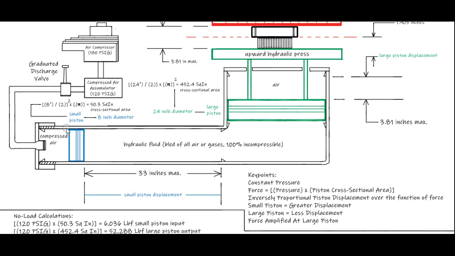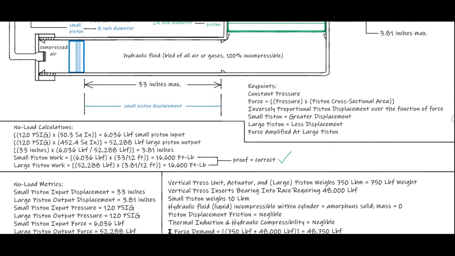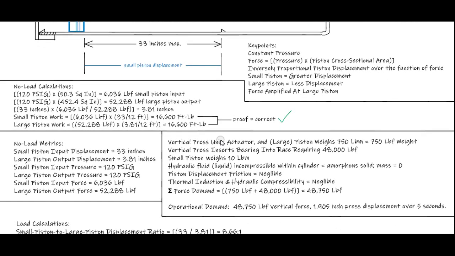We have a pre-lubricated bore on the air side and rings, and then we have a graduated hydraulic incompressibility. So that leads to the last inquiry, the thermal induction and hydraulic compressibility.